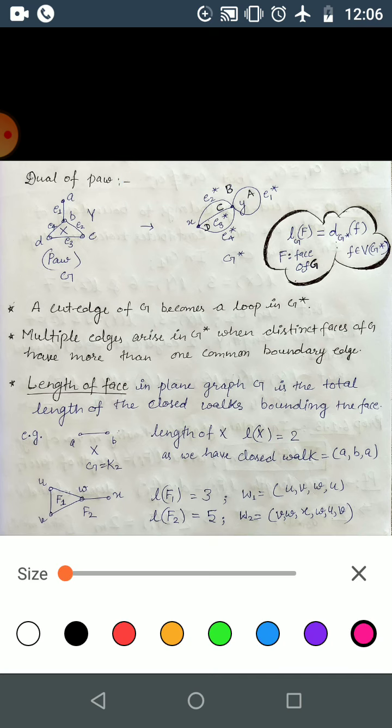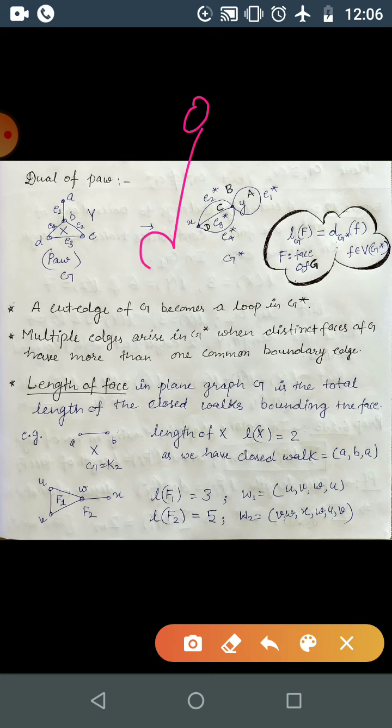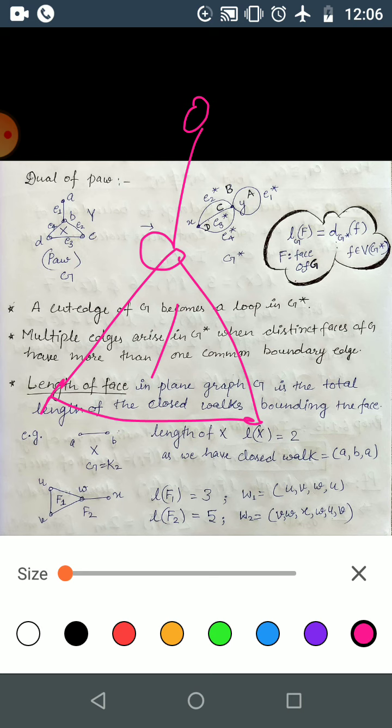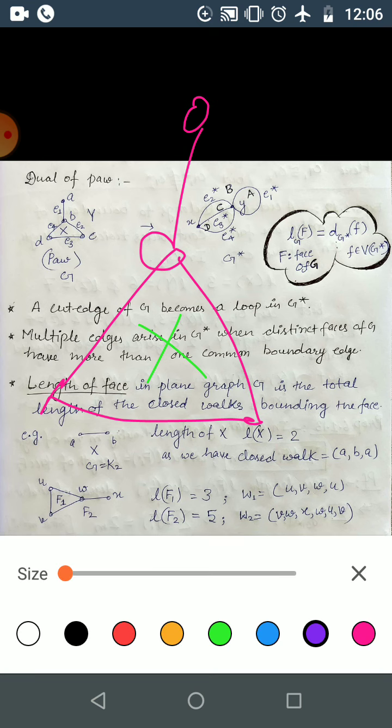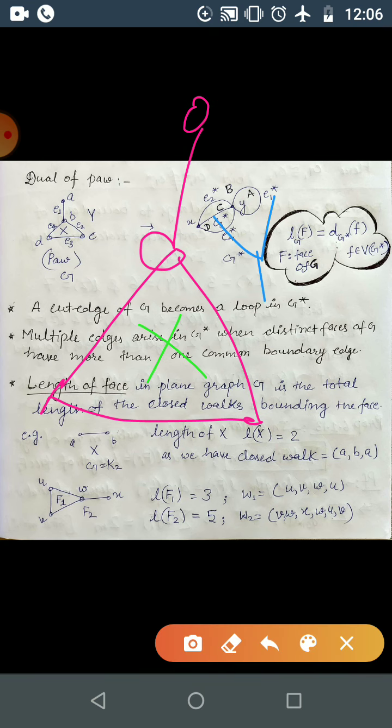Correct. So the boundary of each face will be, here we have two faces, x and y. For y, the boundary is this one, 2, 3, 4 and again this one.